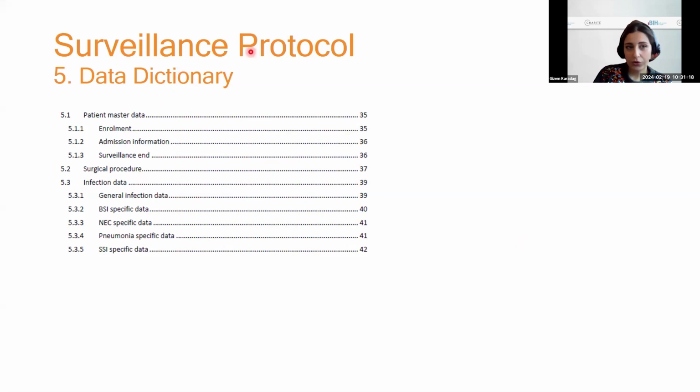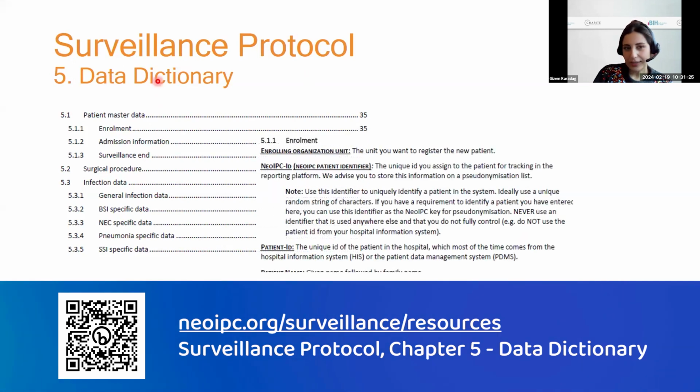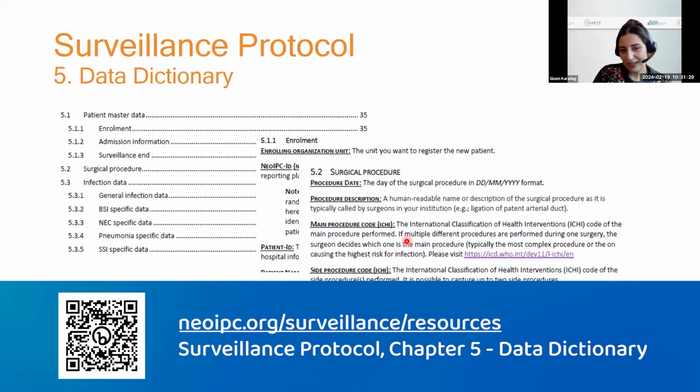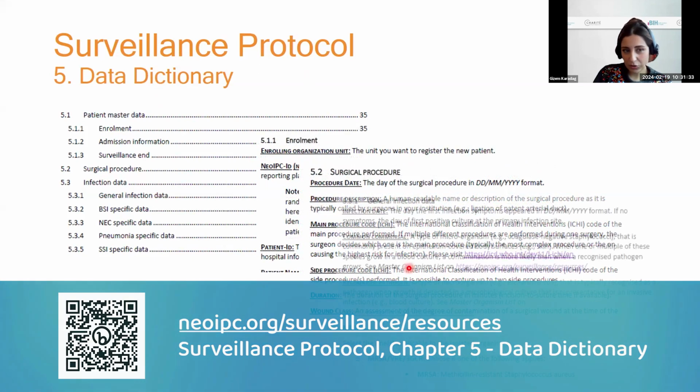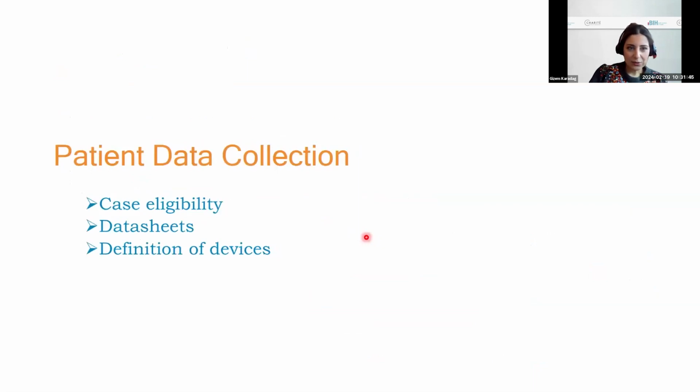In our surveillance protocol, under section 5, you find the data dictionary, and there we try to explain every data element, what exactly it means, and partially also with examples and explanatory links. So please, if you have questions about the data elements we're asking you to collect, be sure that you check the data dictionary first. So yes, I would like to start with patient data collection.